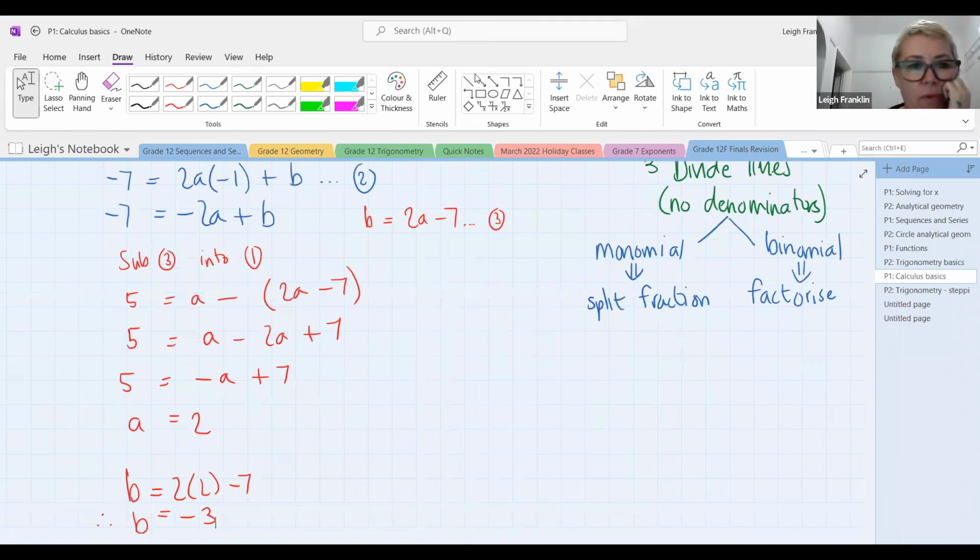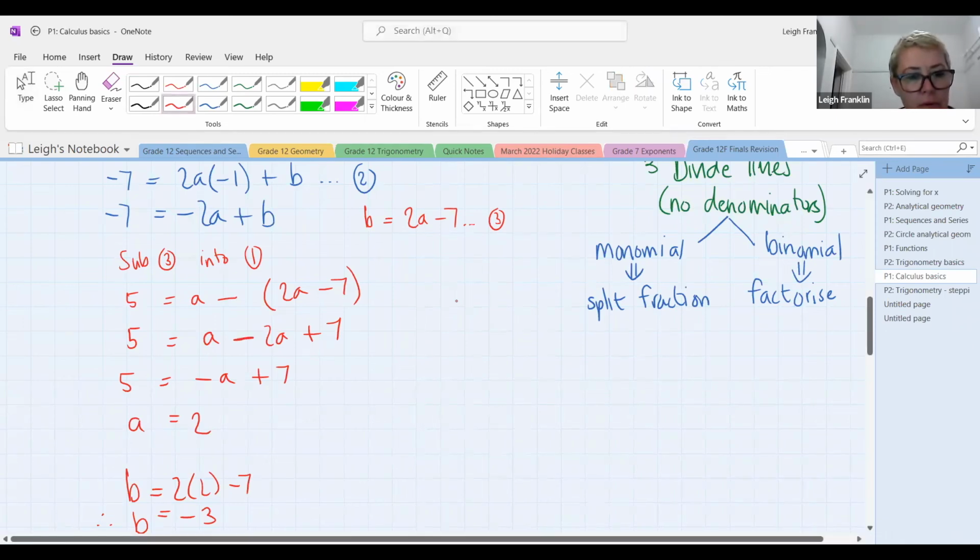I don't quite understand when you said 5 equals 2 minus a plus 7. Which line is that? 5 equals negative a plus 7. You mean negative 2a? No, yeah, after that step.